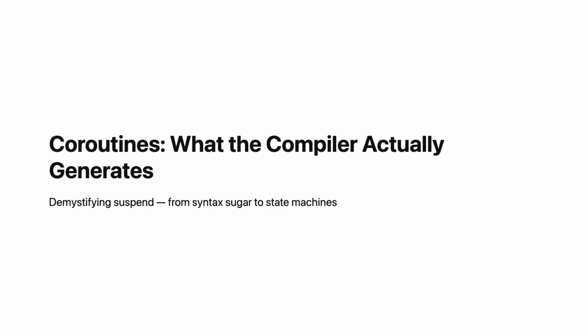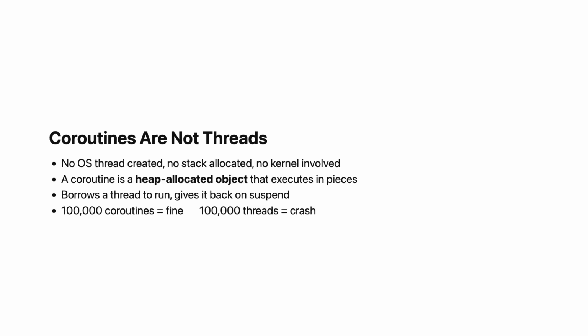A coroutine is not a thread. When you call launch or async, the system does not create a new operating system thread. No new stack is allocated. No kernel data structure is created. A coroutine is a chunk of suspendable computation. It is an object, a regular heap allocated object that knows how to execute its code in pieces.